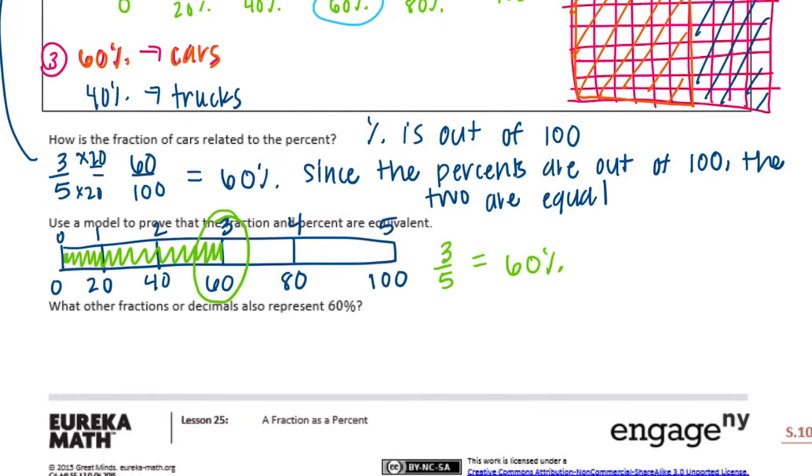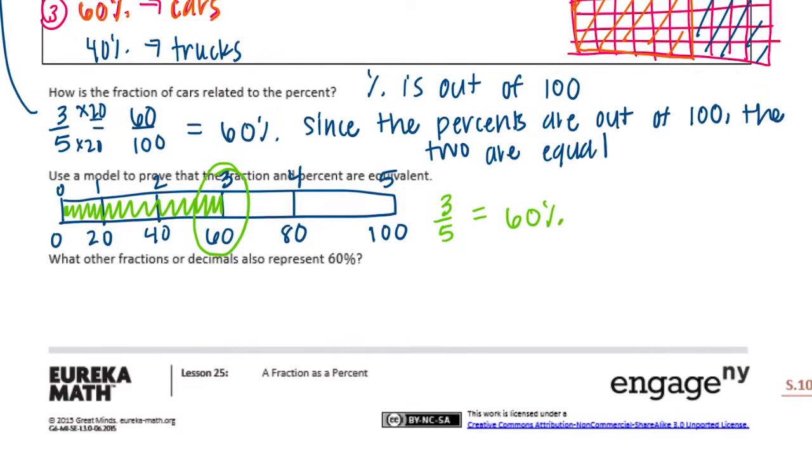What other fractions or decimals also represent 60%? So there are many different examples of fractions you could give. So we know that 3/5 is equal to 60%, 60 out of 100. We could reduce that to make it 6 out of 10. We could, if we wanted, multiply both the numerator and denominator by 2, 6 times 2 is 12, 10 times 2 is 20, 12/20ths.